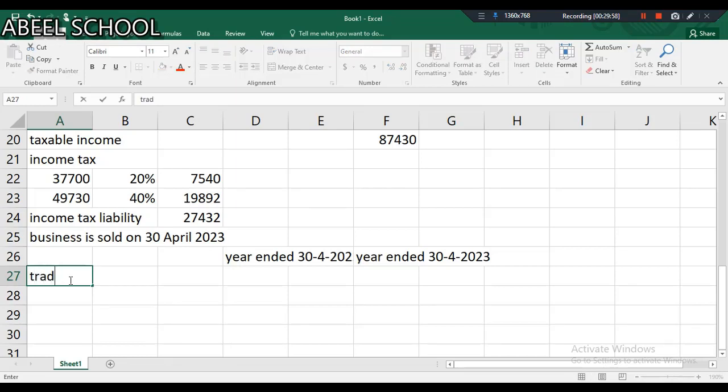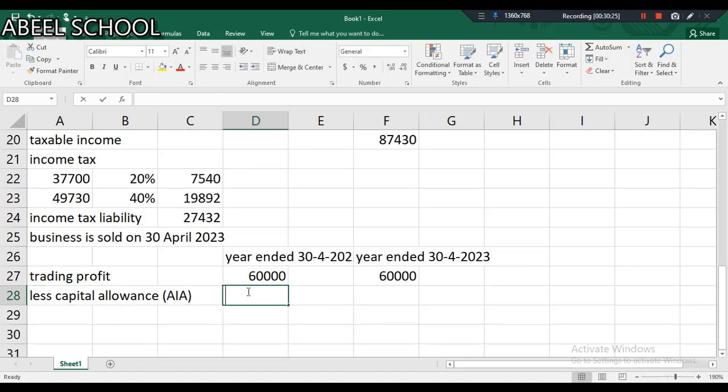So trading profit 5,000 into 12, same here. Let us deduct capital allowance. That is basically we'll be getting AIA, annual investment allowance 6,000, 0.